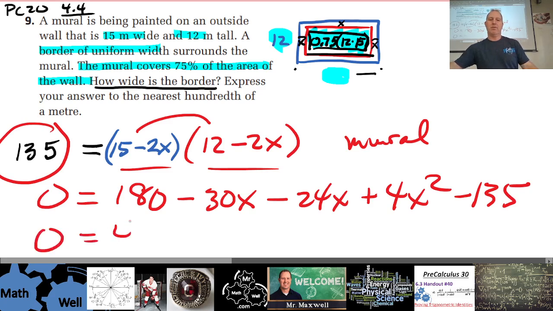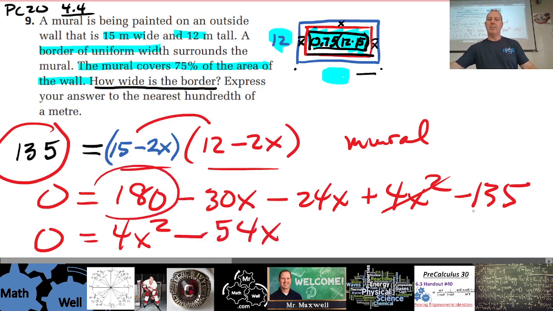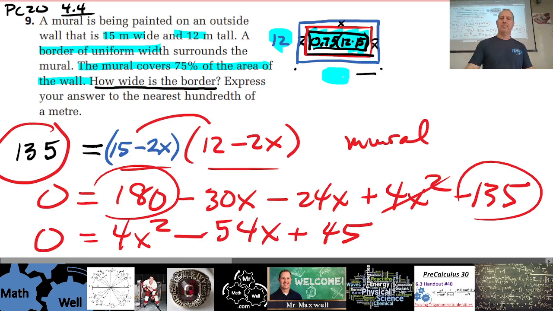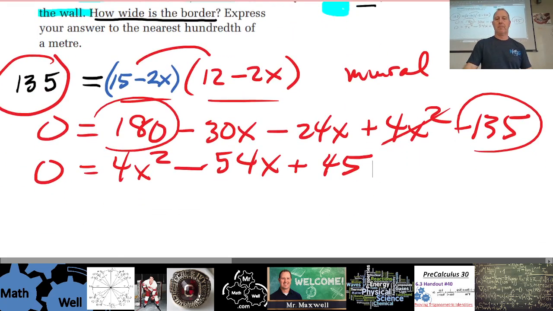So I have 4x squared. I have minus 54x, looks like. And then I have 180 minus 135 is going to be plus 45. Okay?